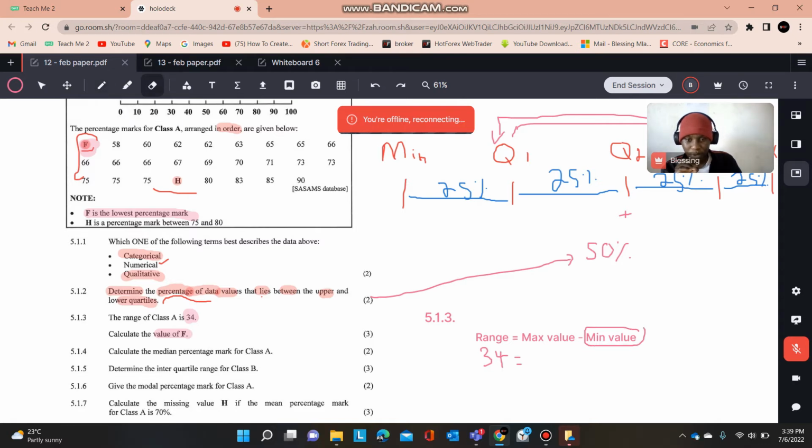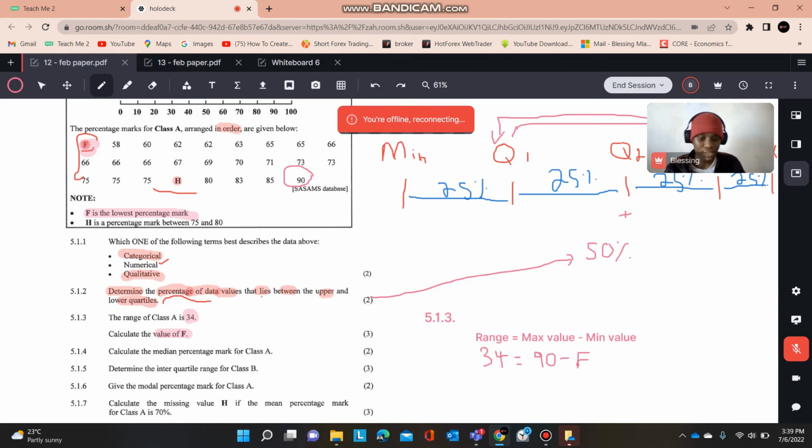Now we can use our formula to calculate that value of f, right? Since we have the range here, the maximum value is 90. So you write down 90 minus the minimum. They didn't give us the minimum, but they gave us f. So we put f, and now we try to solve for this f.